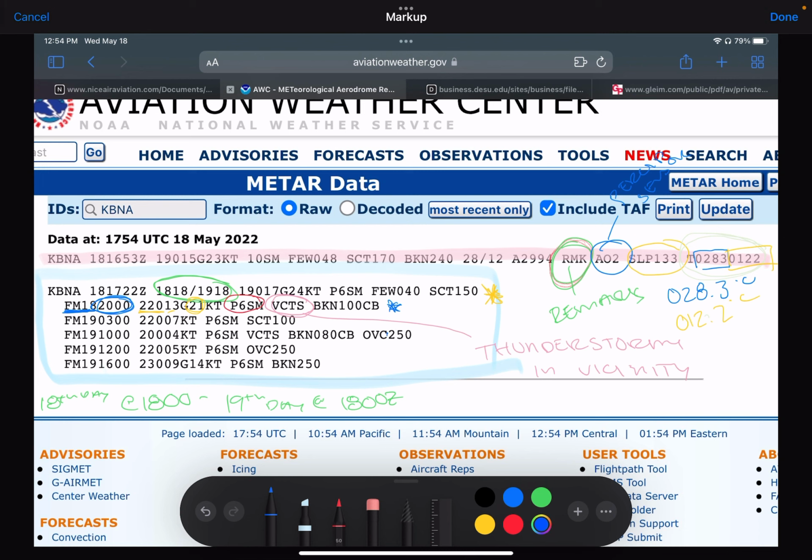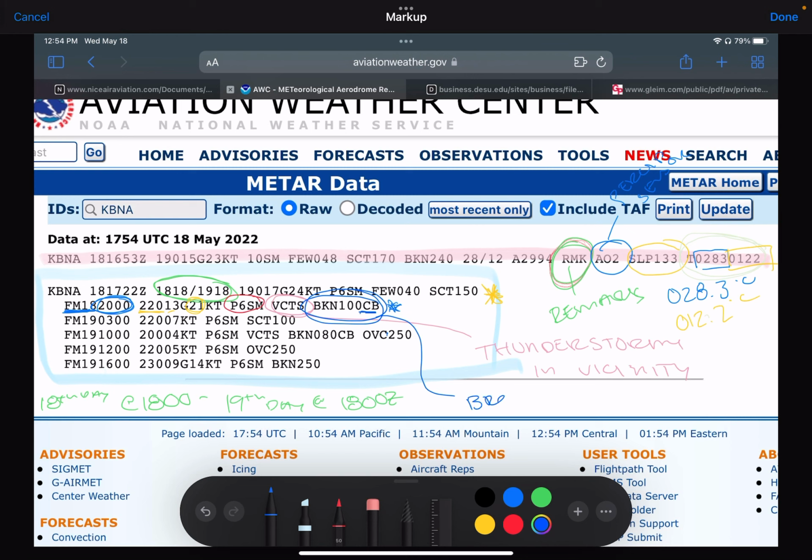This next portion right here is showing that we have this CB, which means cumulonimbus. So we've got a broken level of cumulonimbus clouds at 10,000 feet. And as I'm sure you can assume, these cumulonimbus, these thunderstorm clouds, make for an incredibly unstable environment for an aircraft, especially a GA aircraft to be flying around.